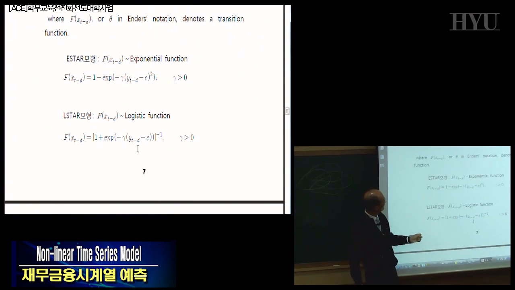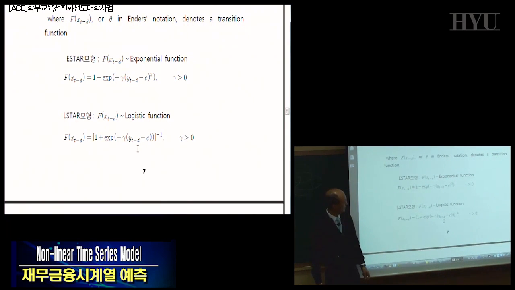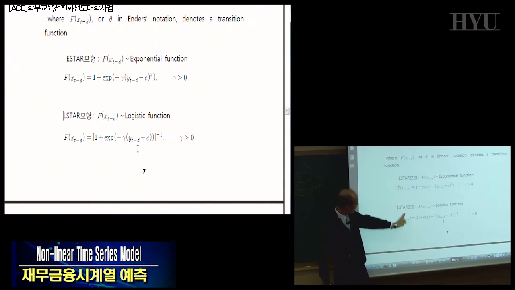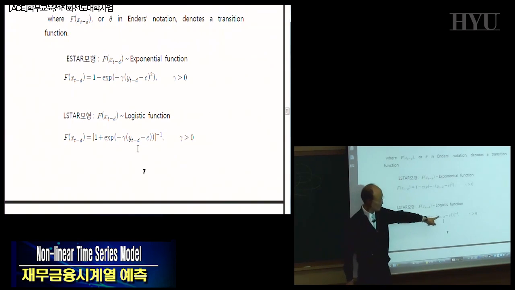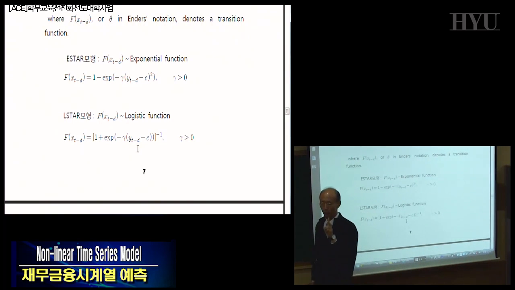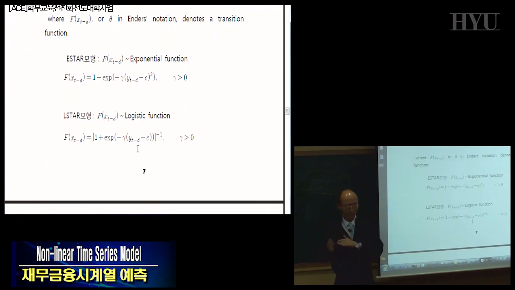Usually what we use here is y t minus d as the lagged value. That's the reason why I use this notation. Whatever it is, it's the previous value. It could be at lag 1, lag 2, lag 3, or lag 4. Which lag is triggering the smooth transition? That's the question.